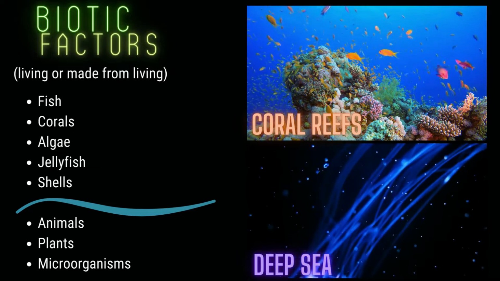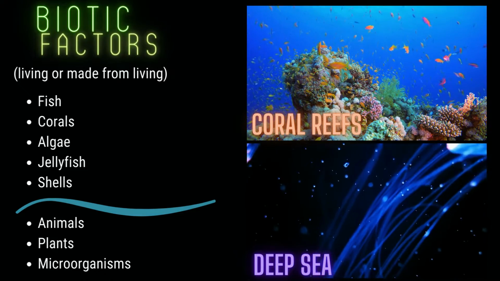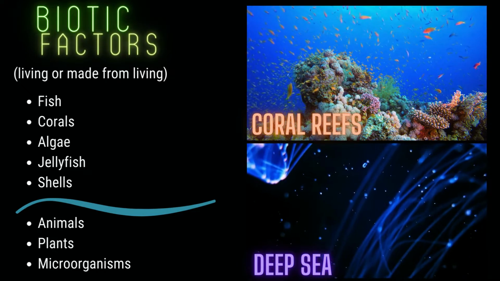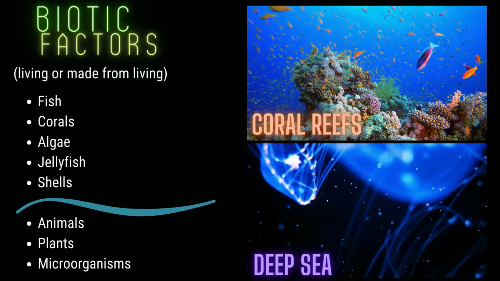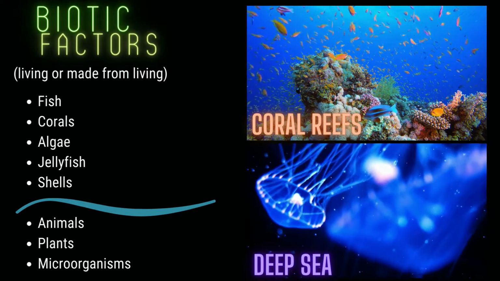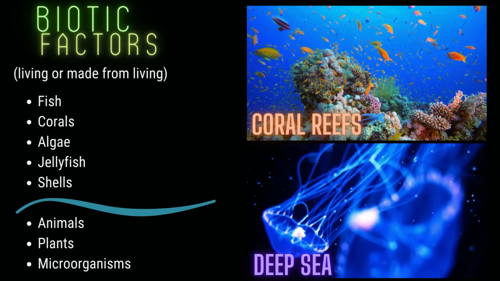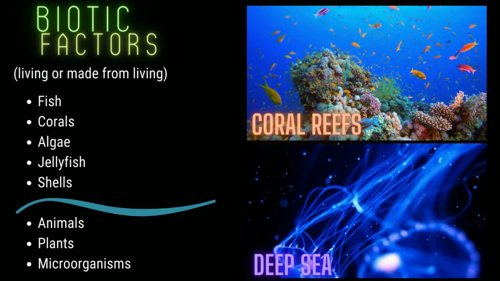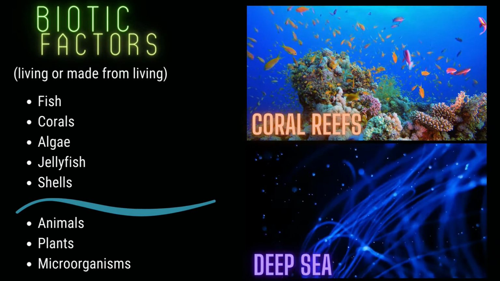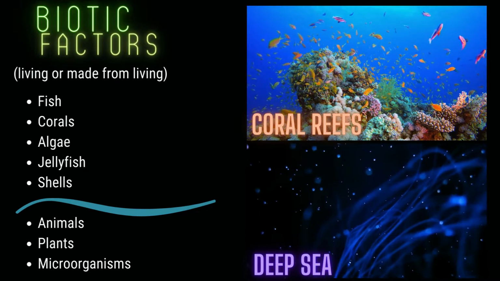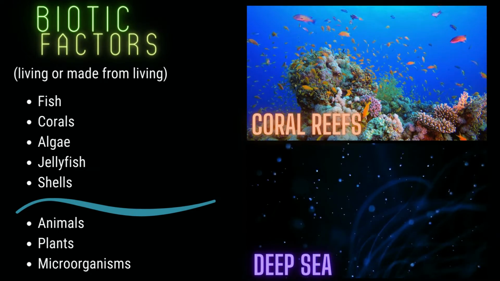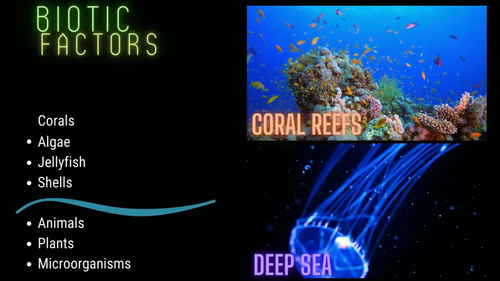At the bottom, you can see the deep sea. Now, while you might not know what these organisms are, they are jellyfish, but we can also understand there's many different microorganisms and other creatures living there. So, any animals, plants, or microorganisms are all part of the biotic factors in an environment or an ecosystem.